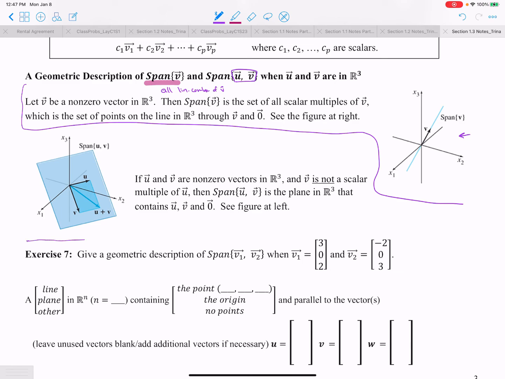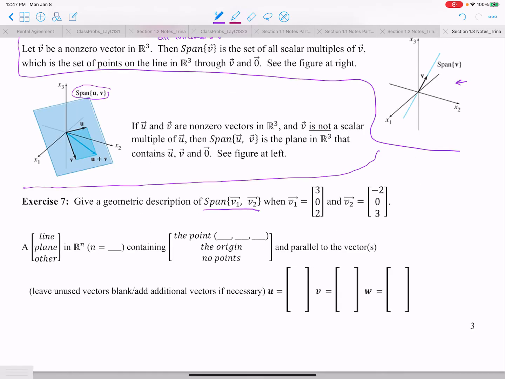Now if I want to think about the second one, this is the span of U and V. If U and V are not multiples of each other, that means the span of them is going to create a plane. It's just a plane in 3-space. It's going to go through both U and V and 0. And it's just going to be a plane in R3, not all of R3.